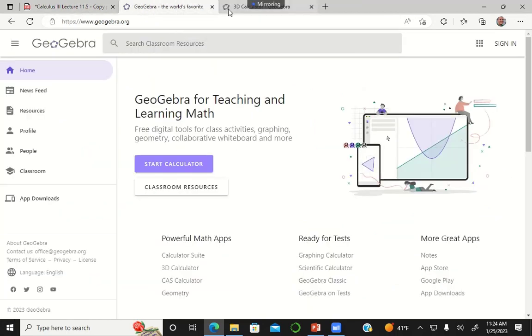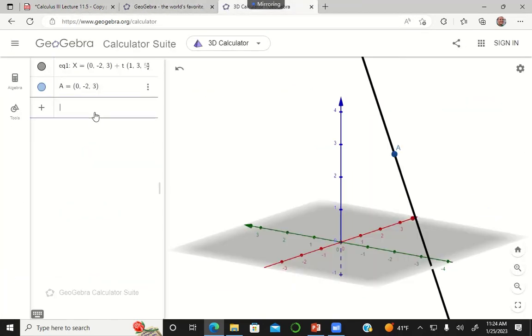But I don't know how this works, so I don't know how to plot a vector. Does that work? No. Maybe square brackets. No, that doesn't work. Okay, never mind.